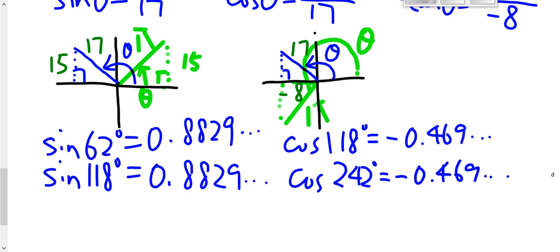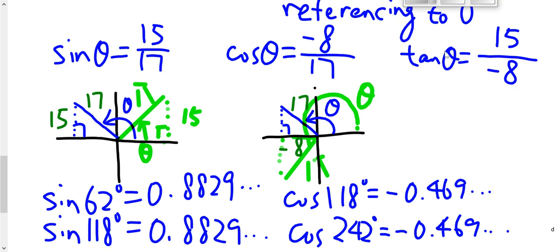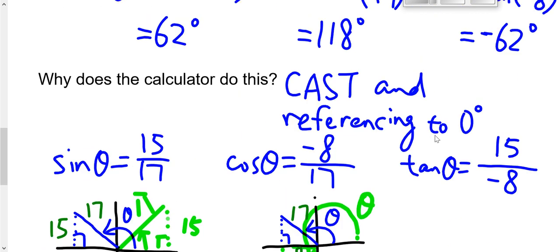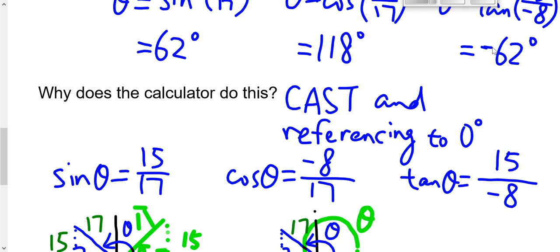So you can have some fun figuring this out with tangent. You'll find that if you do tangent 62, it gives you one number, and then if you do tangent 118, it gives you the same number, because tangent is negative in two quadrants.